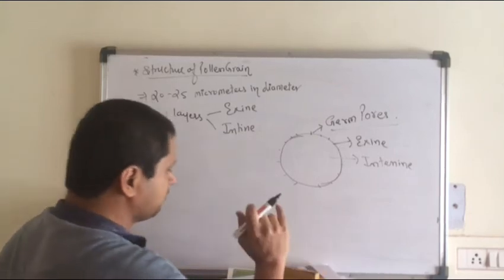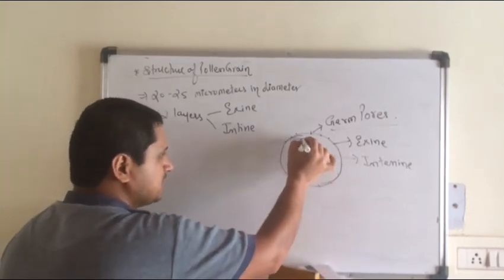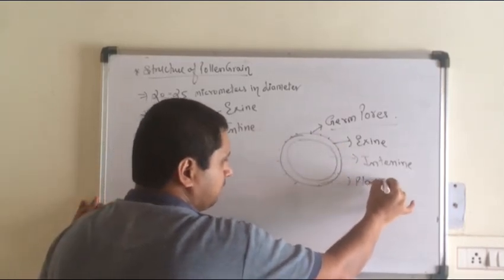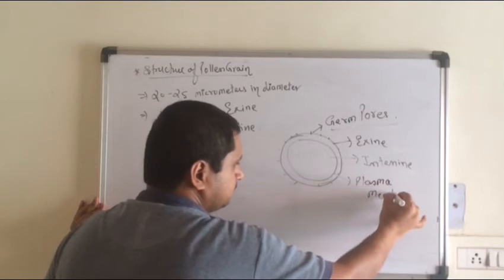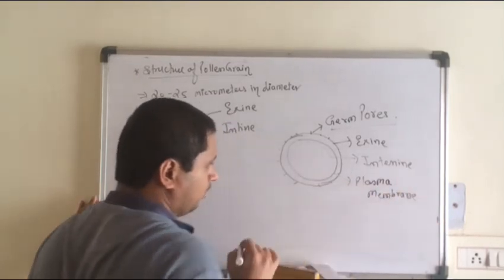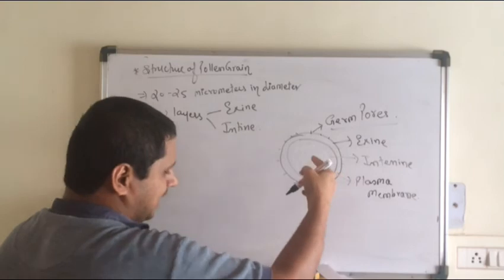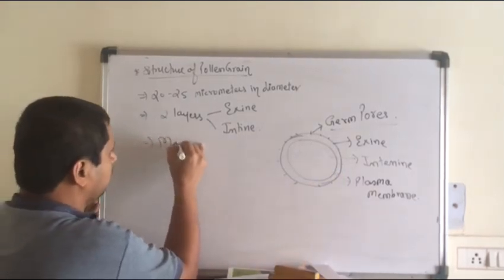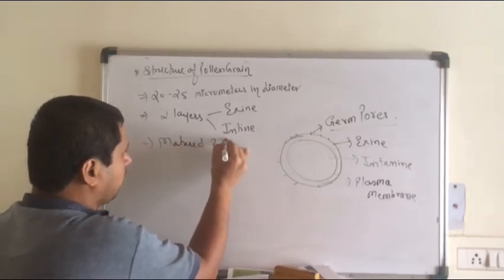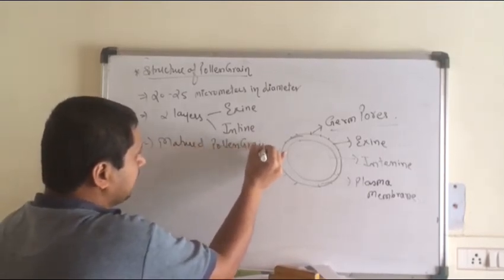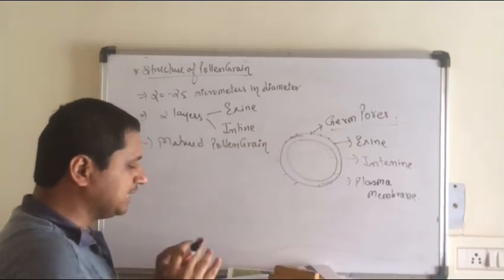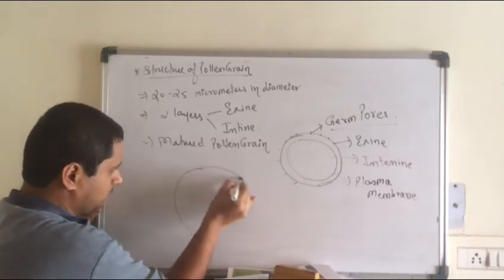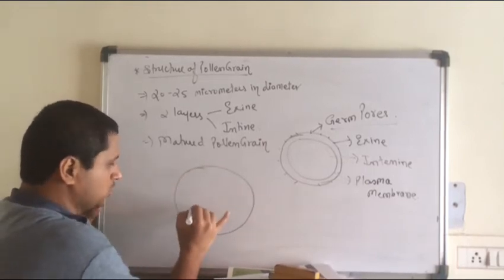Now the cytoplasm of the pollen grain is surrounded by the plasma membrane. Inside, the matured pollen grain contains two types of cells inside the intine.